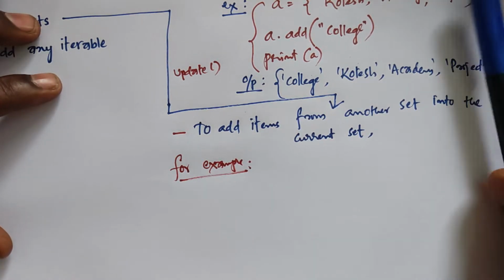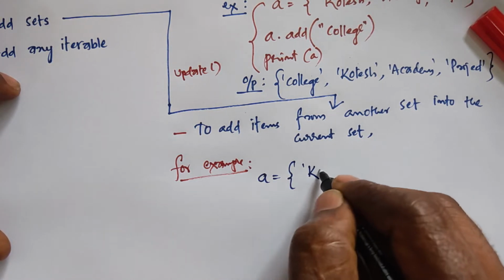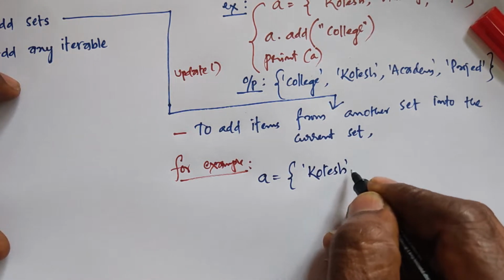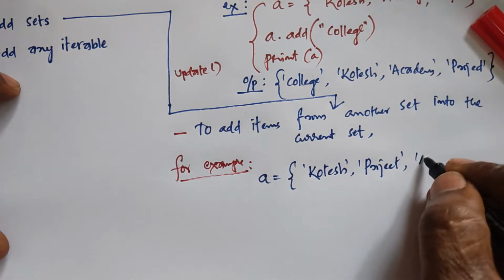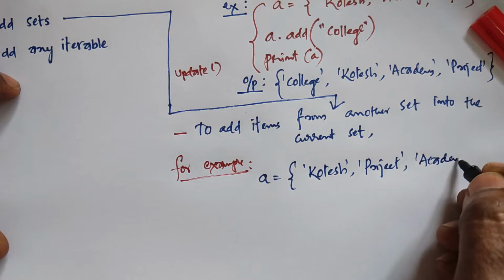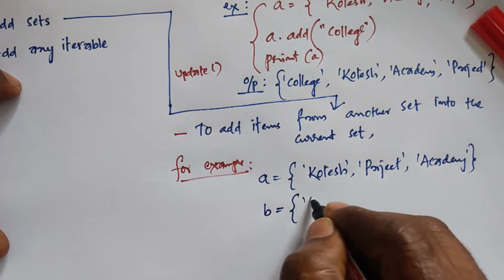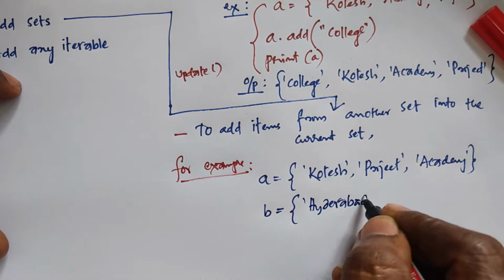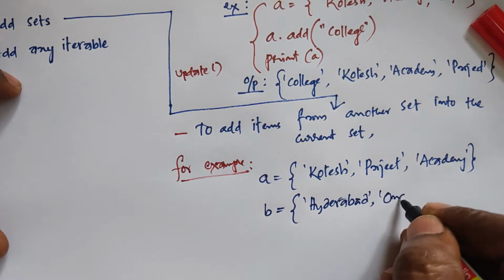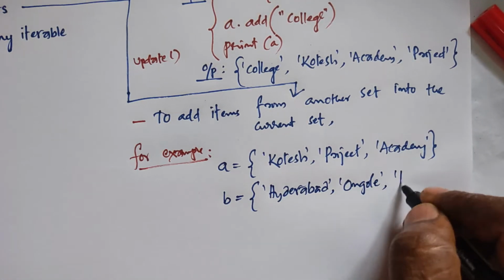For example, we have two sets: A is equal to project, academy, and another set B is Hyderabad, Ongole, Tangutur.